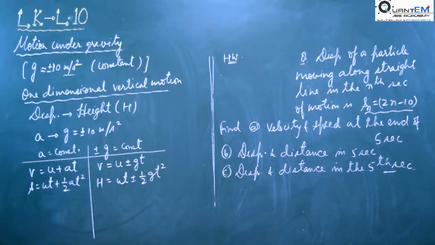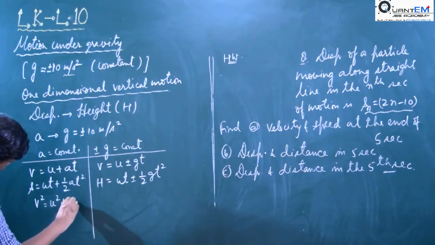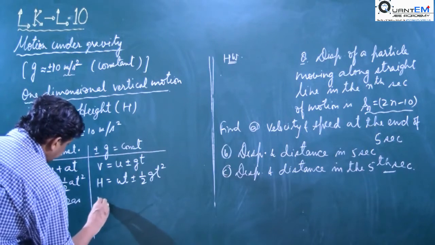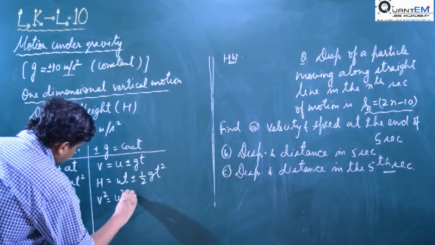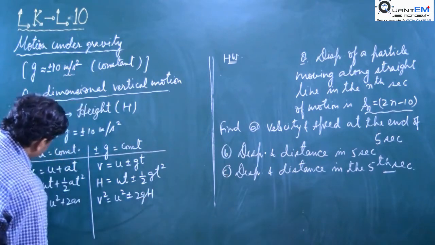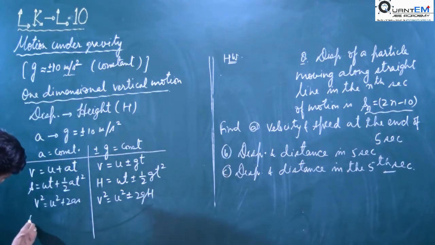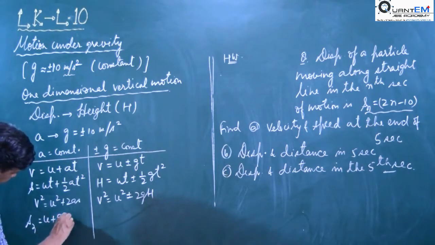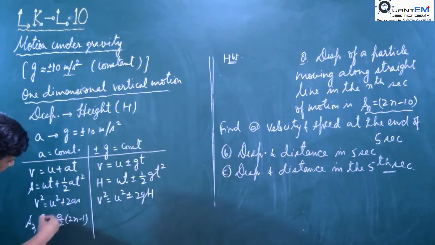Now here we have v square is equal to u square plus minus 2gh. Here we have displacement Sn is equal to u plus a by 2 (2n minus 1).